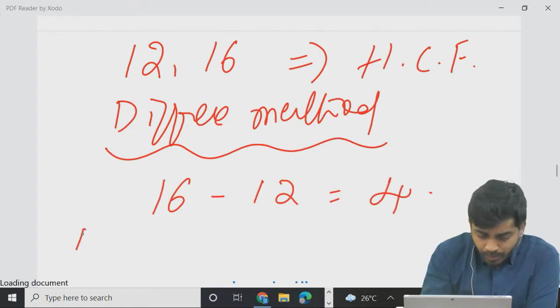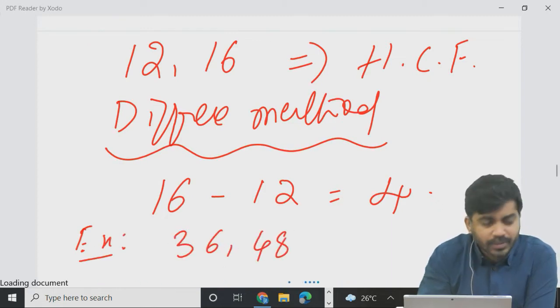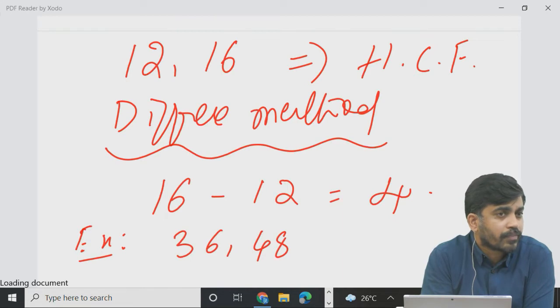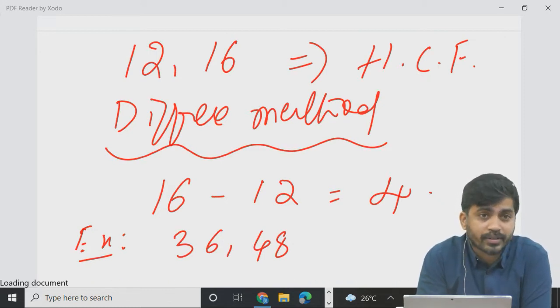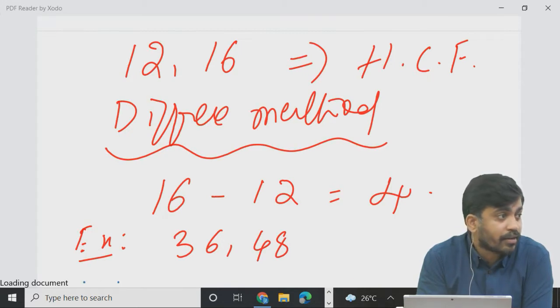For example, 36 and 48, these two numbers are given. What is the HCF of 36 and 48? The highest common factor: 4, 6, 8, 12.